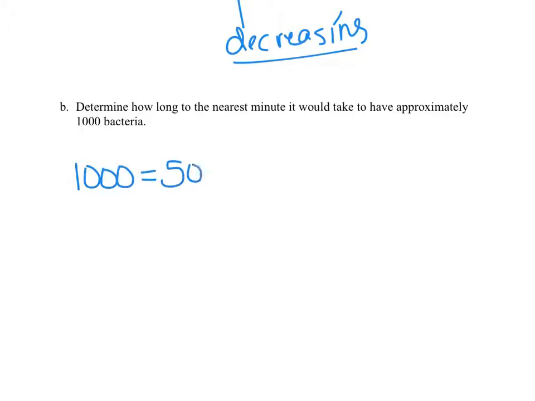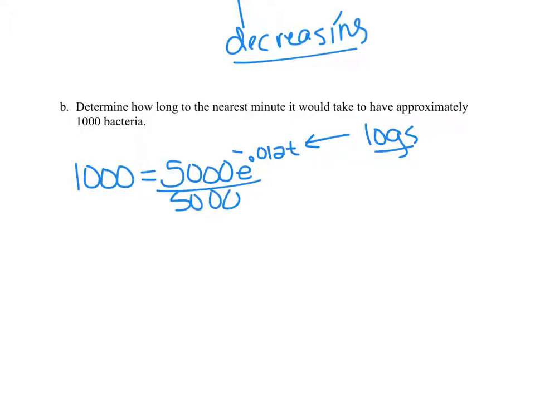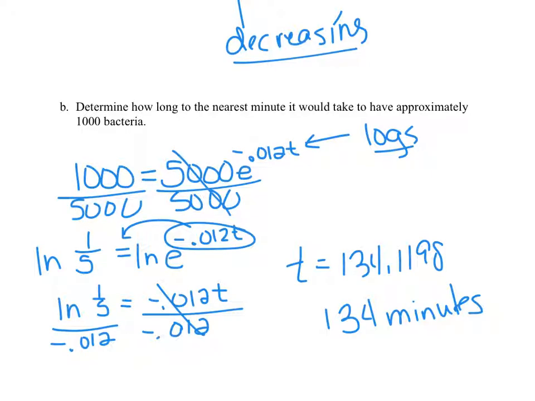I started with 5,000, e to the negative 0.012t. So I have an exponent here. When you're solving for an exponent, we're going to use logs to solve. I'll give you a minute to solve this. Pause it and try it on your own.